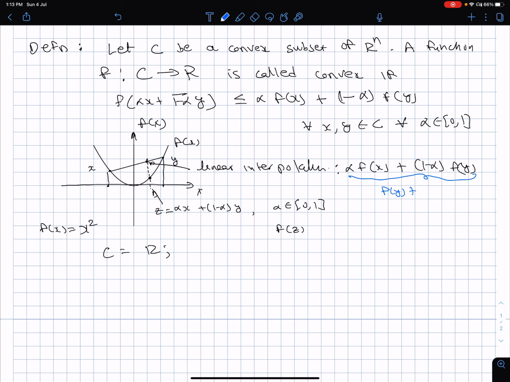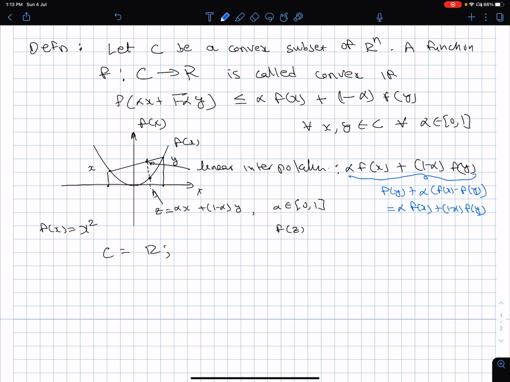Then from y, we went a fraction alpha in the direction of x minus y. Similarly here, we went a fraction alpha from f of y towards f of x, because that's what is happening in the function. And that gave us alpha times f of x plus 1 minus alpha times f of y.